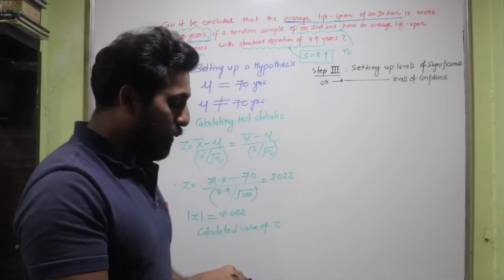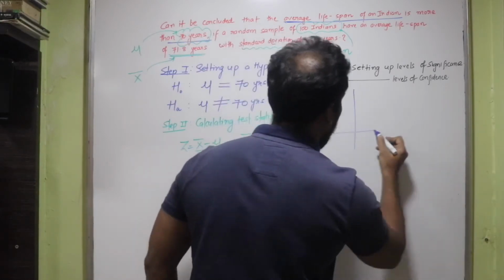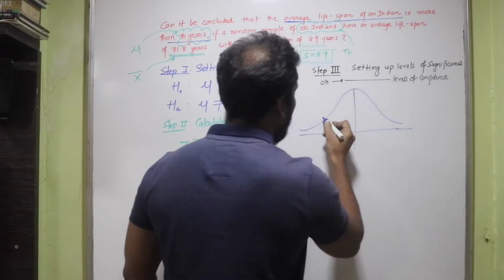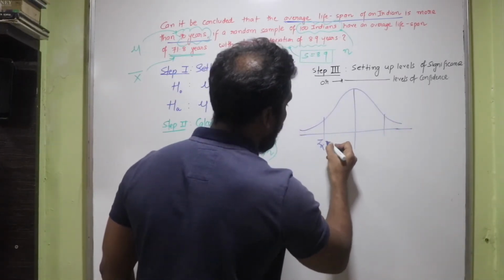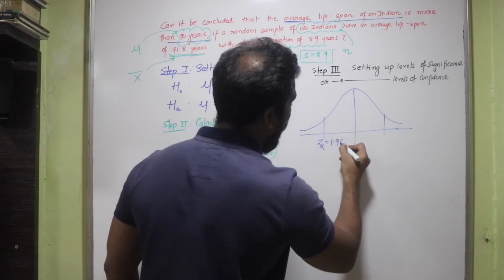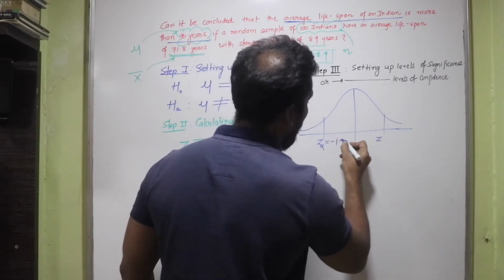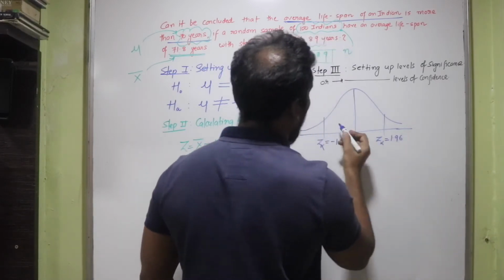For that case, if I draw a simple diagram, I hope you already understood the previous diagram, the region of confidence will have values Z alpha equal to 1.96. On the left it is going to be minus 1.96, and on the right it is going to be plus 1.96.